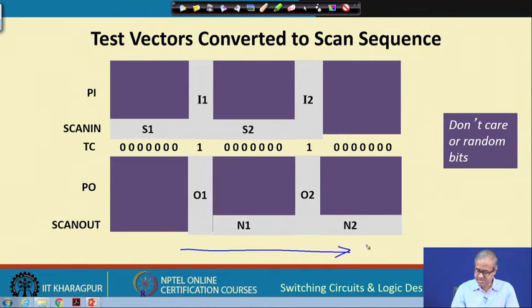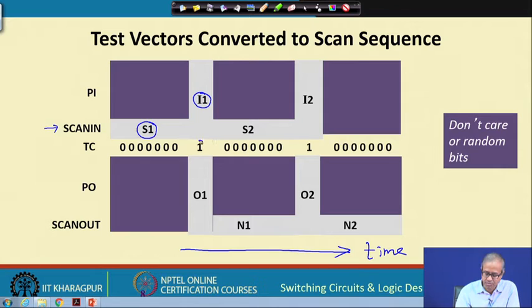Assume this is your axis of time. In the beginning you set TC equal to 0 and you shift in this S1 bit by bit through this scan in input. After S1 has been shifted in, suppose it is 7 bits, you apply I1, because through PI you can apply I1 directly.